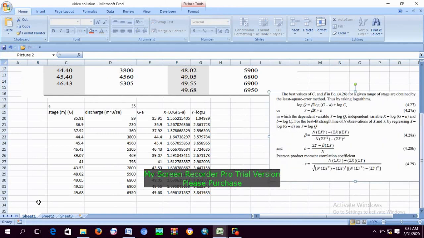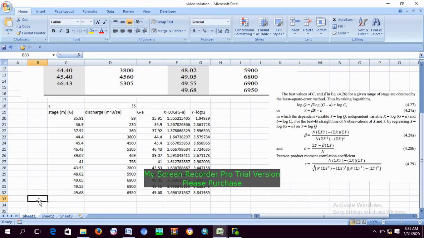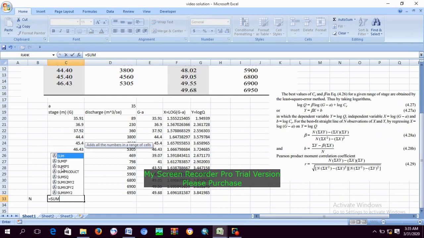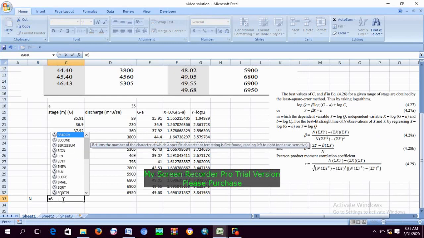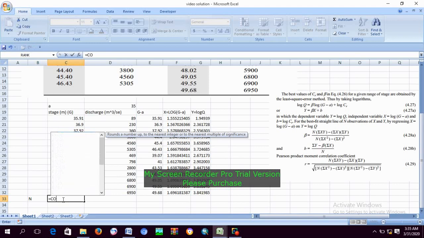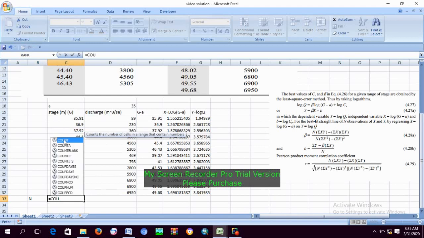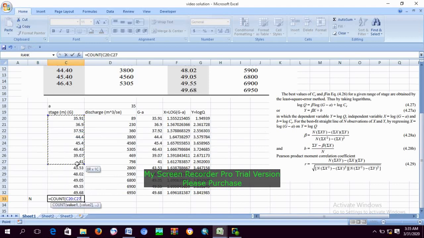From this there is the n value, the number of samples. This is equal to the count of this value, and enter. There are 13 samples, so n is equal to 13.